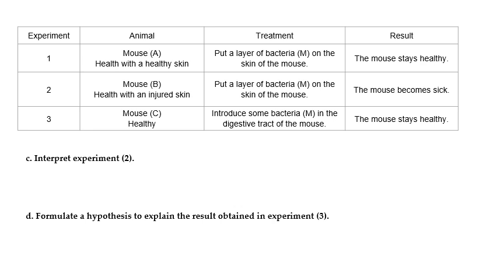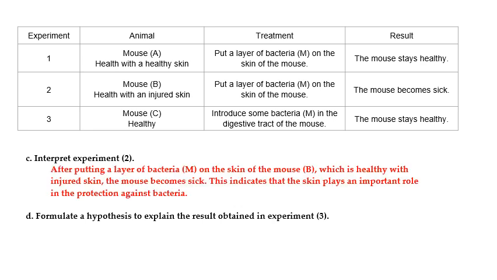Let's analyze experiment 2. After putting a layer of bacteria on the skin of the mouse B, which is healthy with injured skin, the mouse becomes sick. This is the analyze. Now you have to write this indicates that the skin plays an important role in the protection against bacteria.